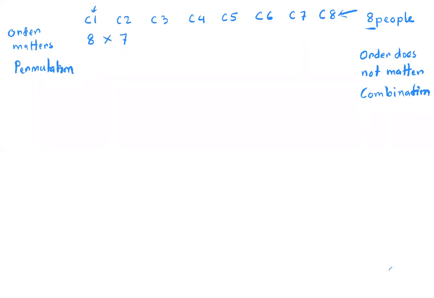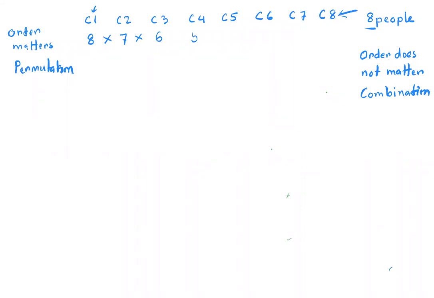Now that the second chair has been occupied, how many people are left to occupy the third chair? 6, right? So together, these events can happen 8 times 7 times 6. Now that the third chair has been occupied, how many people are left for the fourth chair? 5.